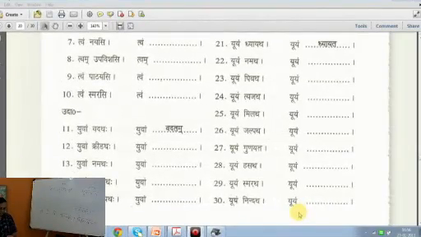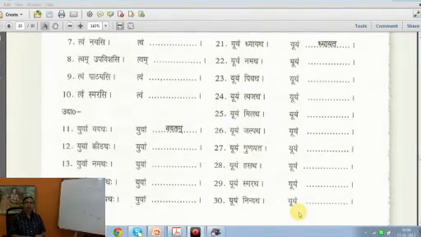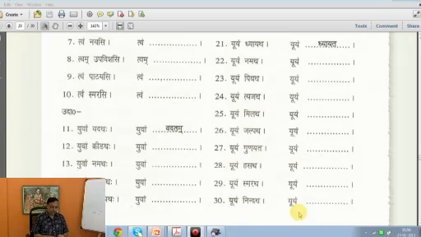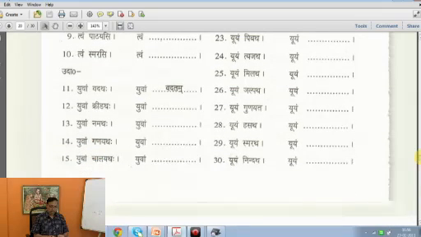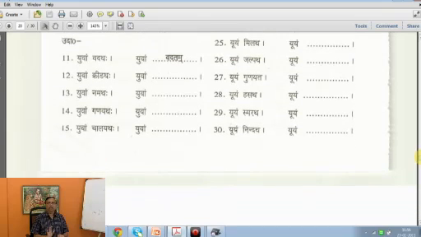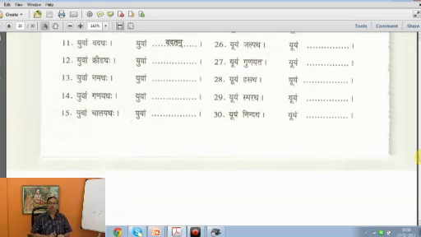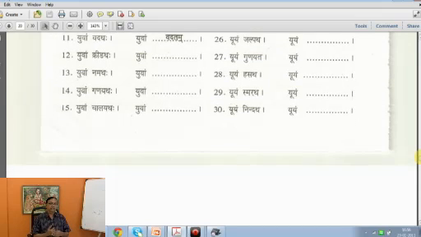Then 28th, Yuyam Hasatha becomes Yuyam Hasata. You are all laughing, you laugh. Yuyam Smaratha, you are all remembering. Yuyam Nindatha, you are all blaming. Yuyam Nindata. This is how you learn imperative mode in the second person.